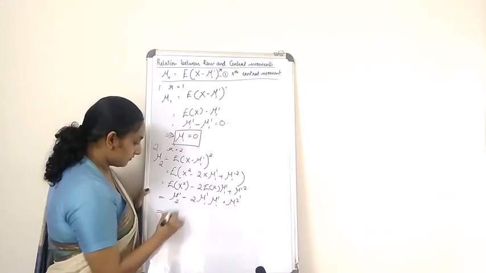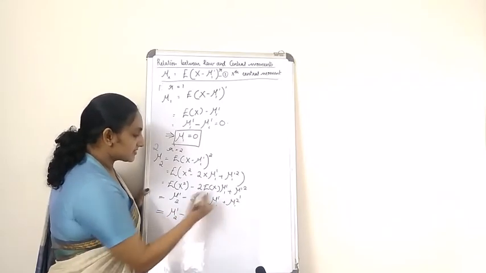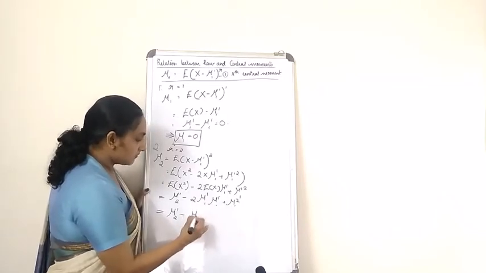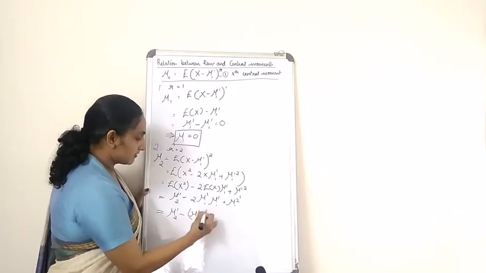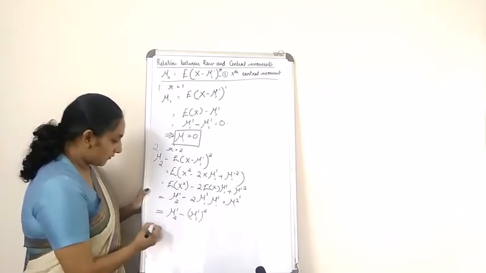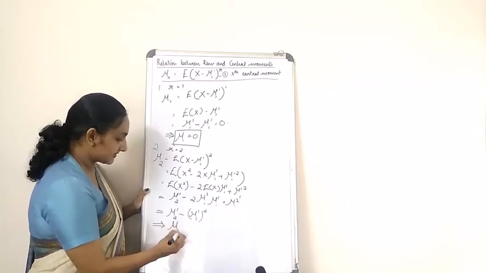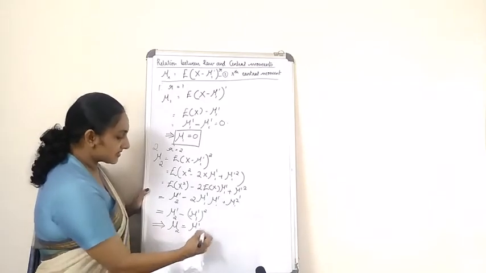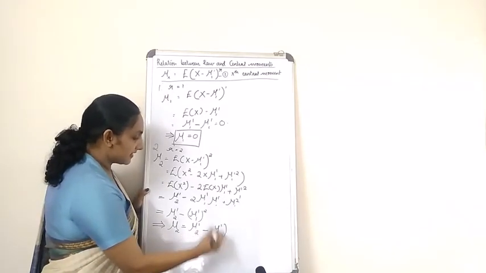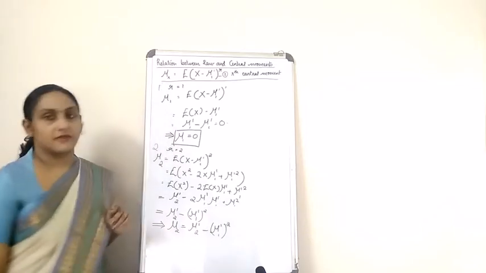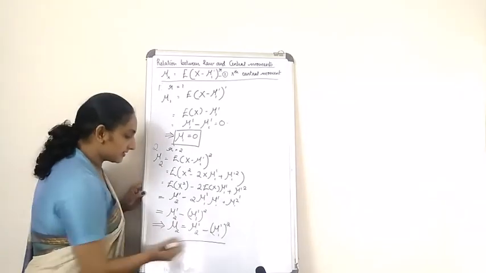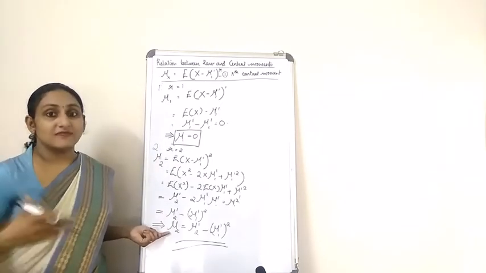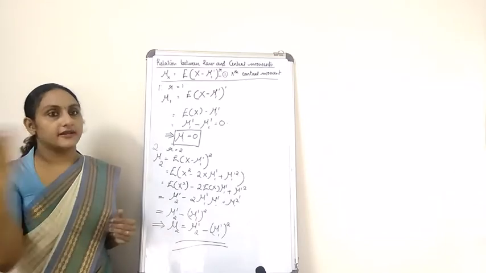Combining the terms, it becomes mu2 dash minus mu1 dash square. So mu2, the second central moment, is the second raw moment minus the square of the first raw moment. This is another result that you have to keep in mind. It is very important, and you will see more about mu2 in the coming classes.